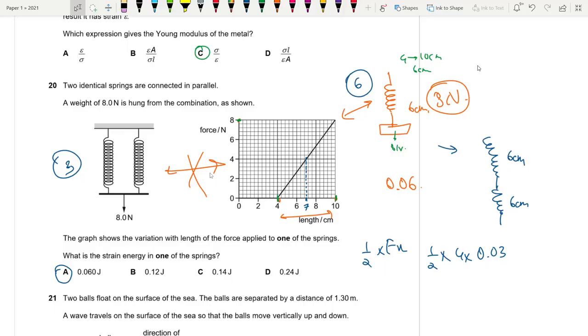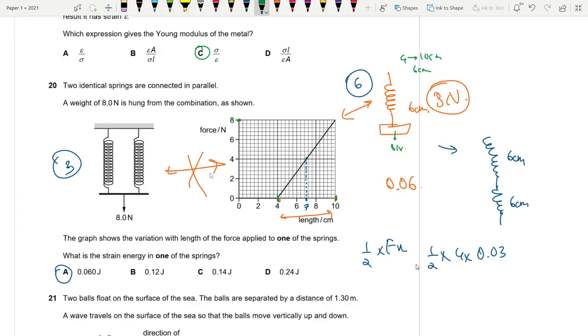So if we want to find out the energy in one of the springs, we know that energy is equal to half Fx, right? So since the 8 Newton force is shared between two of them, it will be halved equally. So it's actually going to be 4 newtons instead.